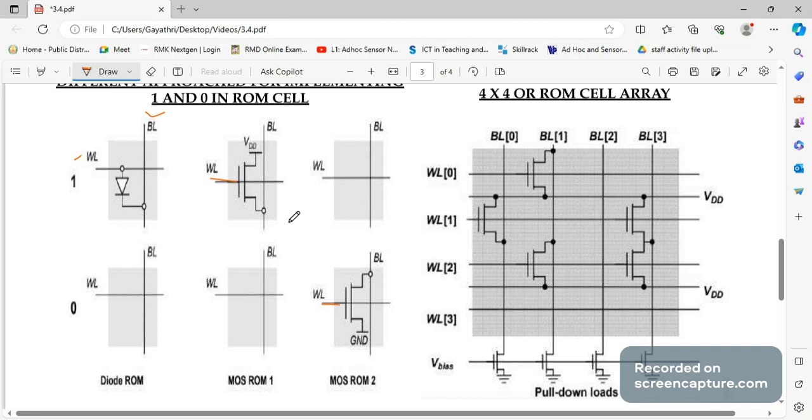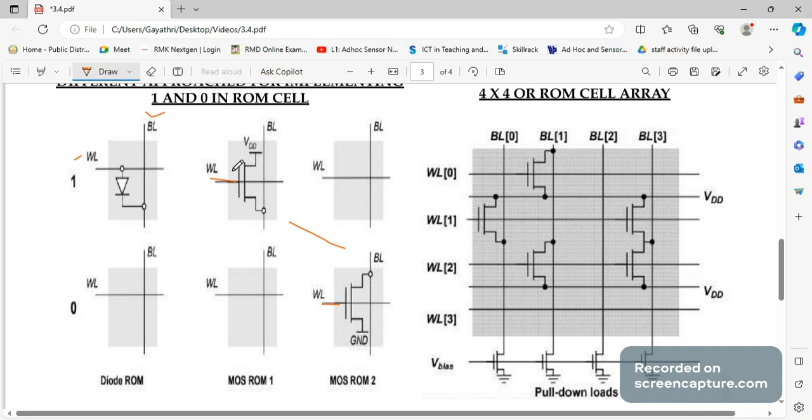You can correlate these two. Here, the source is connected to VDD and the drain is connected to the bit line. Whereas here, the source is connected to the bit line and the drain is connected to ground. This stands for 0 in your MOS ROM 2 and this is the 1 in your MOS ROM 1.